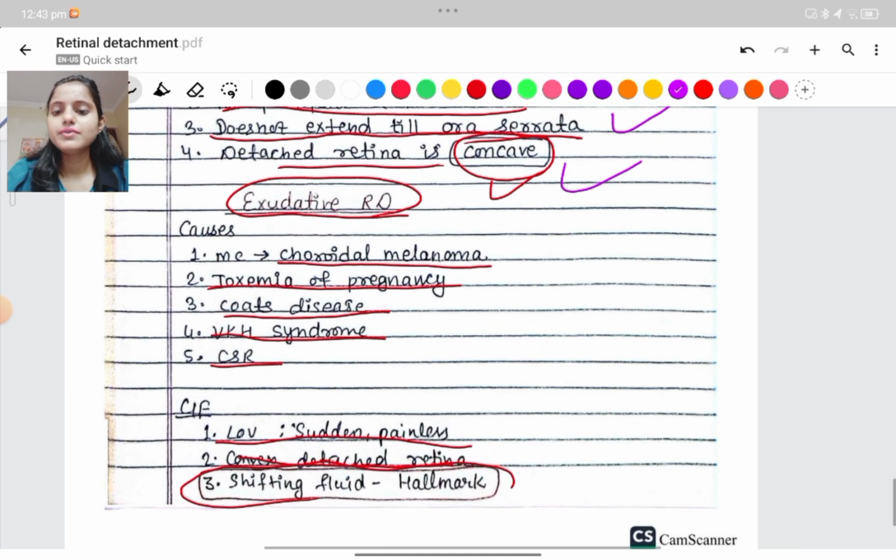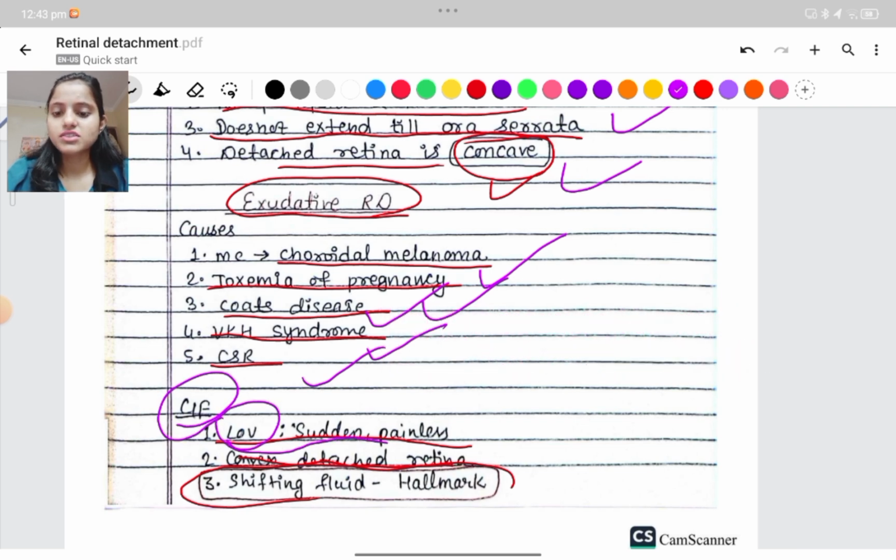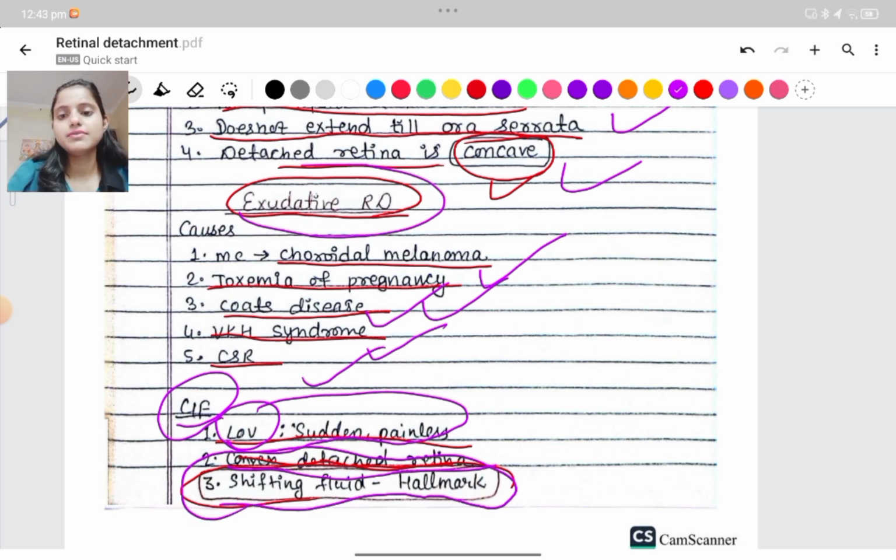In exudative, causes are choroidal melanoma, toxemia of pregnancy, Coats disease, VKH syndrome, CSR. And clinical feature is sudden painless loss of vision, convex detached retina, and there will be shifting fluid, which is the hallmark of the exudative.